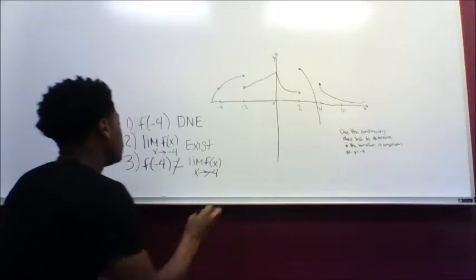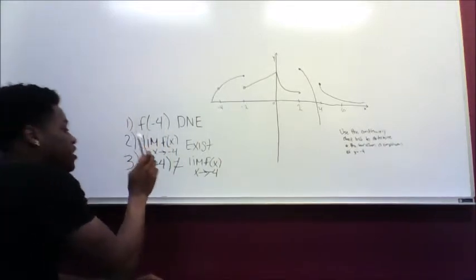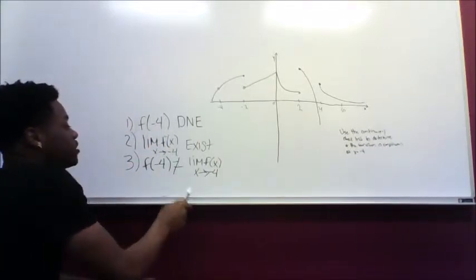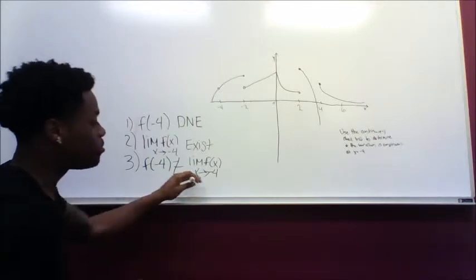So this says f of -4 is not equal to the limit of f of x as x approaches -4.